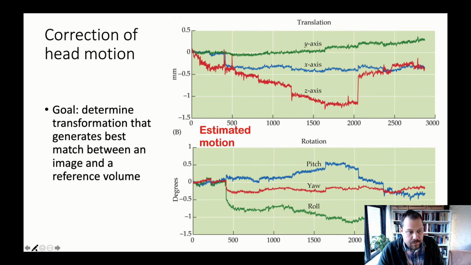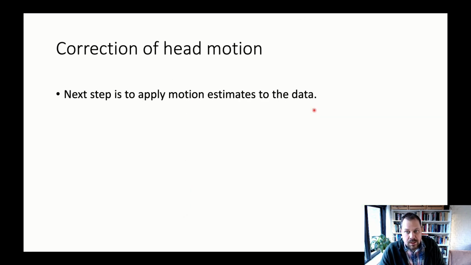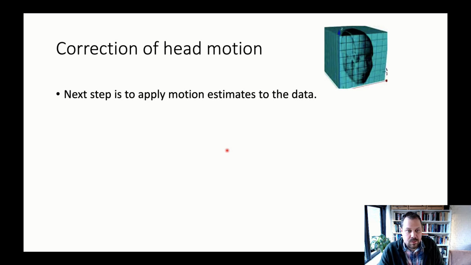So now that we've estimated the movement, and this is the output from the realignment algorithm, we need to use this output to correct head motion in the actual data set. So this is the next step, to apply motion estimates to the data.